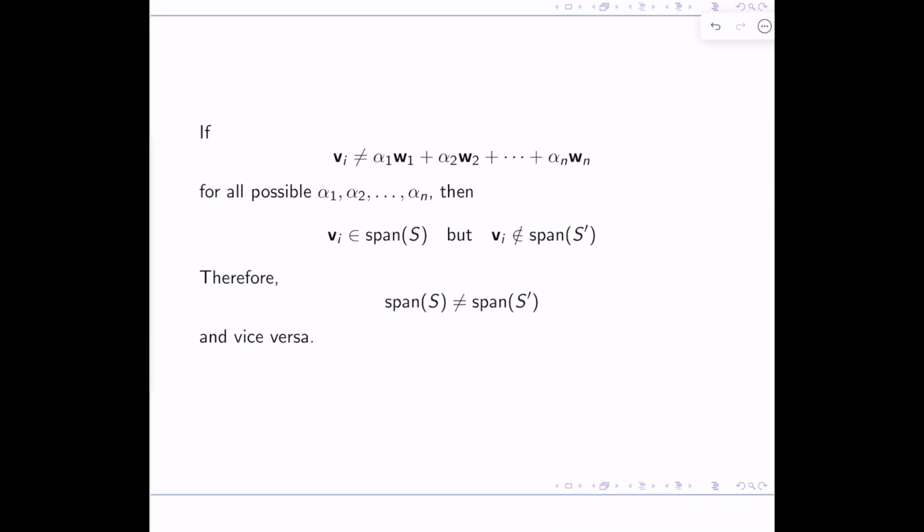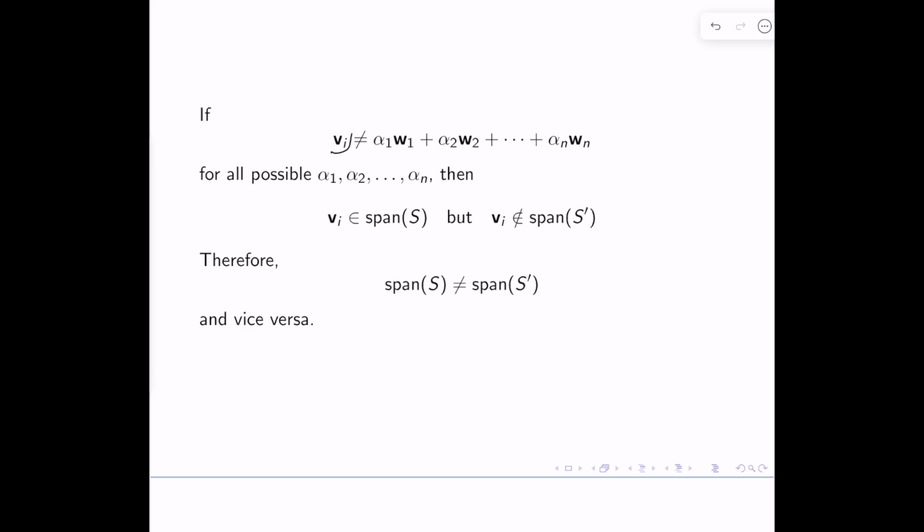Assume for the time being that any one of the vectors cannot be written as a linear combination of the vectors of S dash, with all possible alpha 1, alpha 2, ..., alpha n coming from the field. Then Vi is in the span of S, but Vi is not in the span of S dash, right? Therefore, span of S is not equal to span of S dash, and vice versa. This way we can prove.